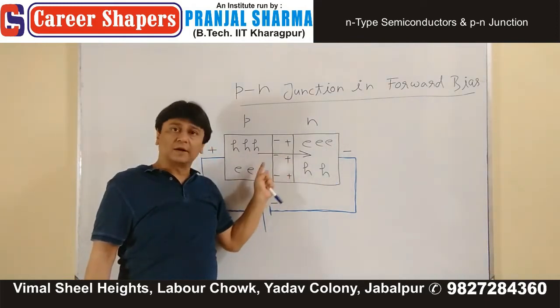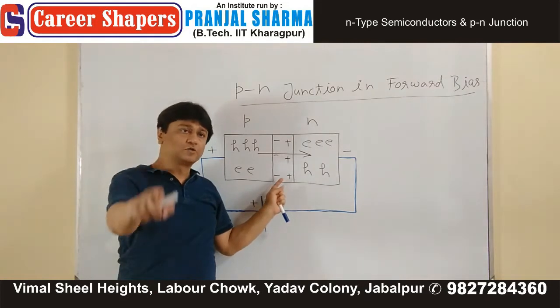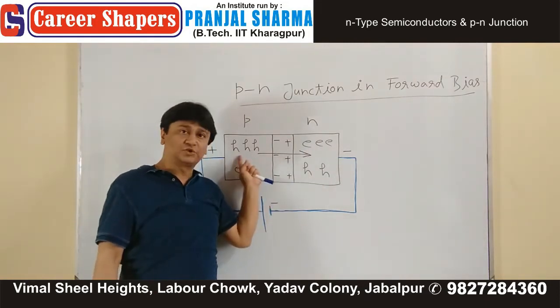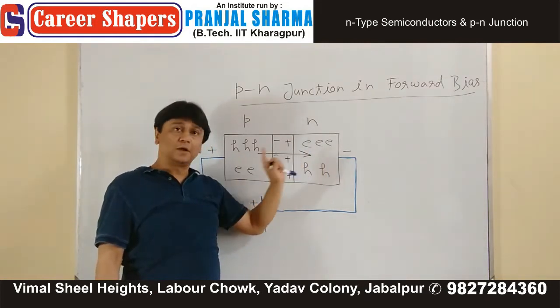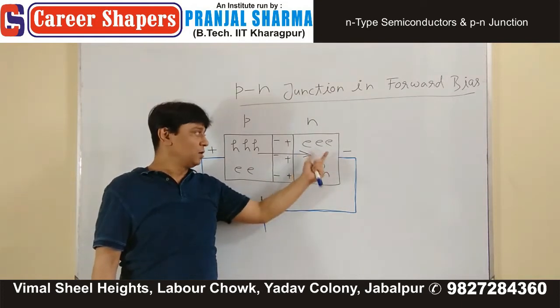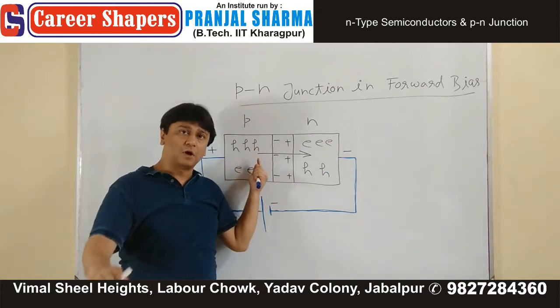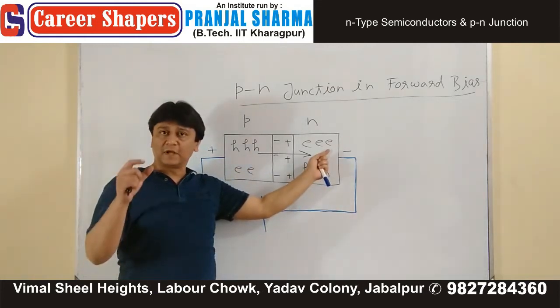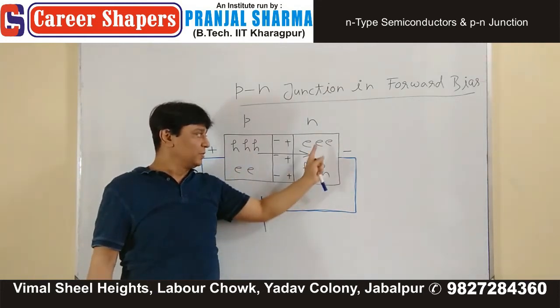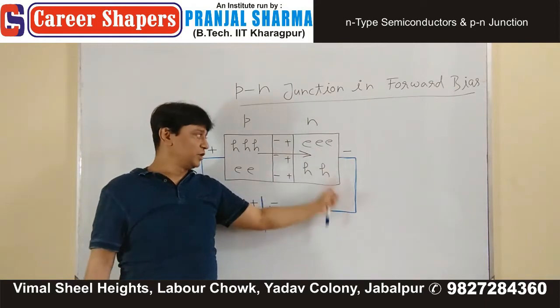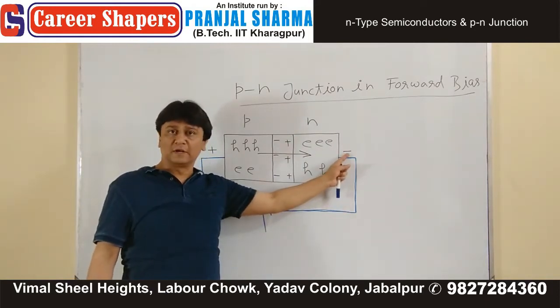Depletion layer developed because of movement of these charges only. But now further movement has stopped. They don't have enough energy. That extra demand of energy is being fulfilled by the negative side.